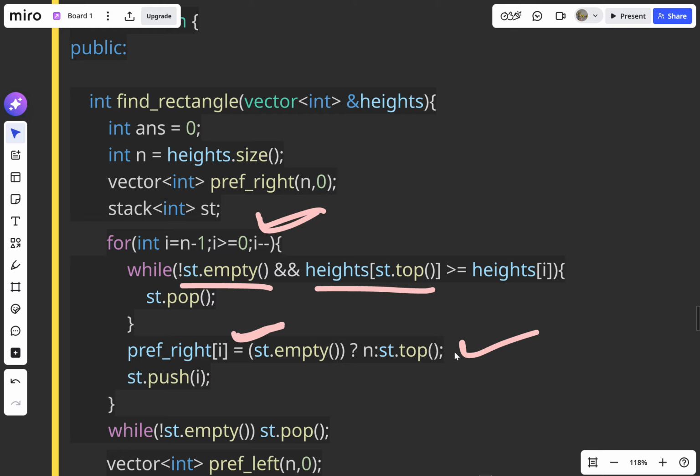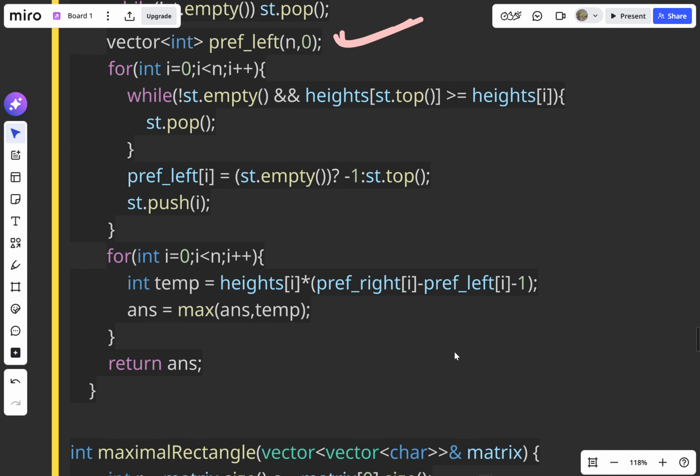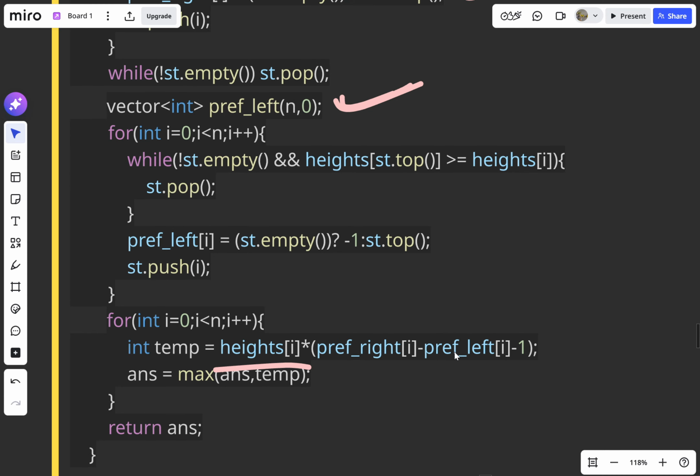The same approach is taken for prefix left also. In this way we get to know how many right histograms or right columns are greater than or equal to that particular ith height.